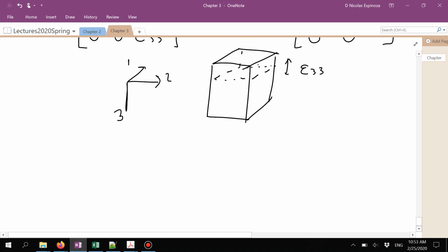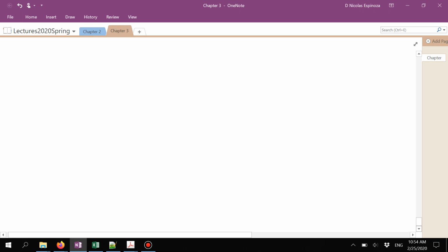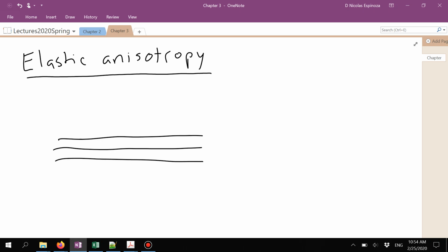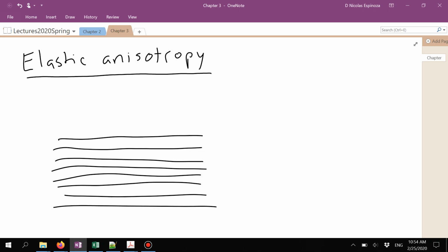Just give me one sec, I get this set up. So here we're going to deal with anisotropy, and particularly elastic anisotropy. Probably you remember also from your classes in reservoir engineering that permeability is also anisotropic, and the anisotropy is related to layering of these sedimentary layers.